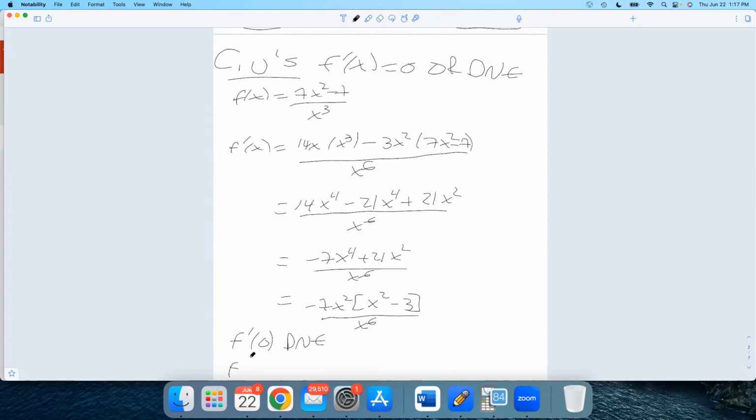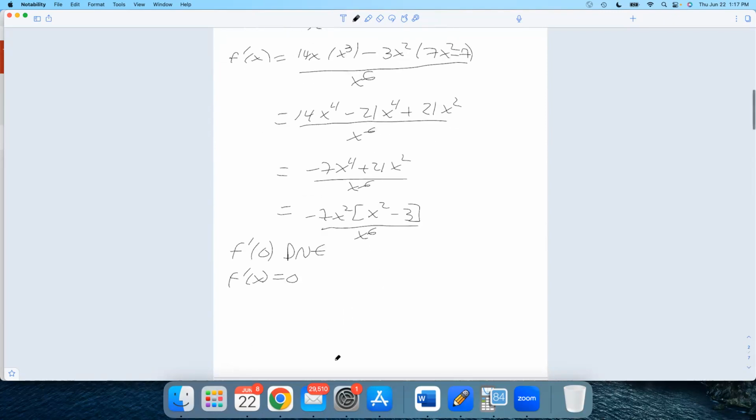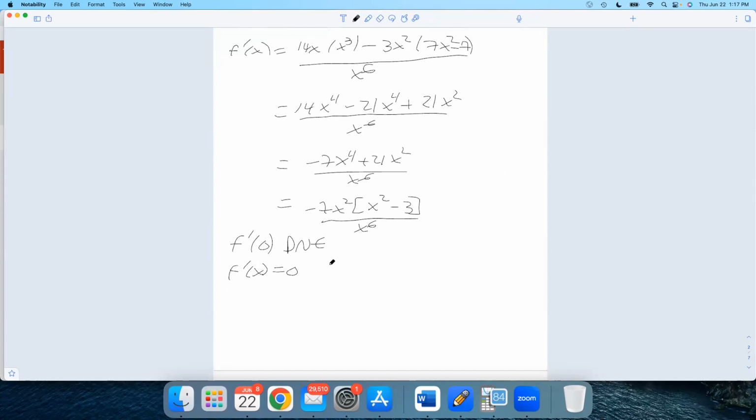Okay, where does f prime equal 0? Remember, a shortcut. The only way a fraction equals 0 is if the top equals 0. So how can the top equal 0? Well, x could be 0, but we've already said we're not allowed to use that.